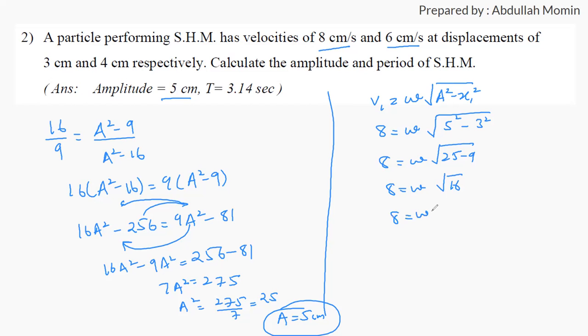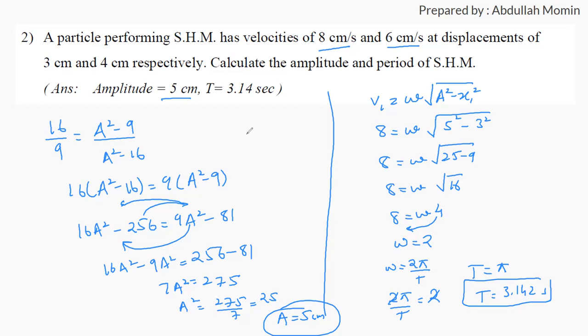So 8 is equal to 4 omega. 4 goes to the other side, so omega is 2. And we know that omega can be written as 2 pi by T. So 2 pi by T is 2, the 2s get cancelled, so T can be written as pi, and the value of pi is 3.142 second.